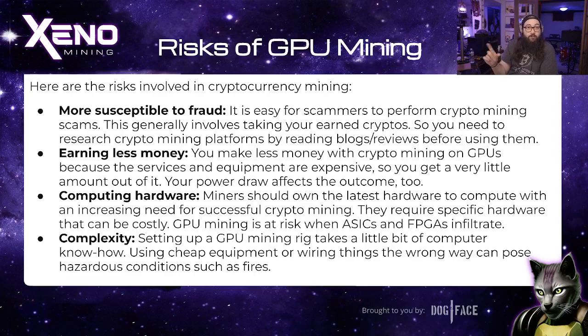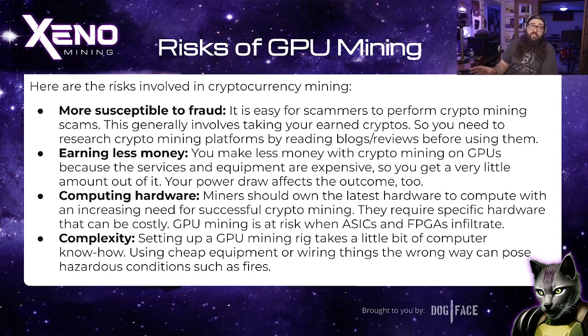If you take screenshots of your personal setup, blur out IP addresses and all that, because a hacker can use that information to hack your personal network, and then hack your ASICs and all your GPUs. But if you're just using a personal home setup and don't share any of that information with anybody, a hacker can still get into your PC and hack your GPU. So that's something you've got to be aware of.